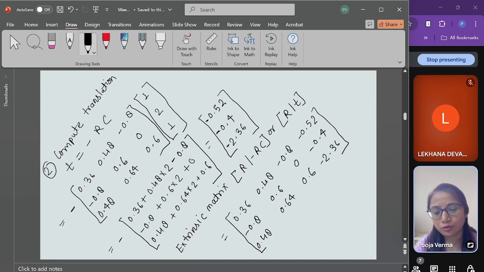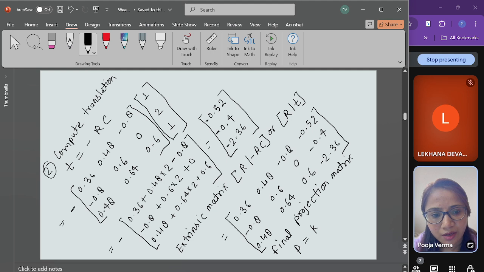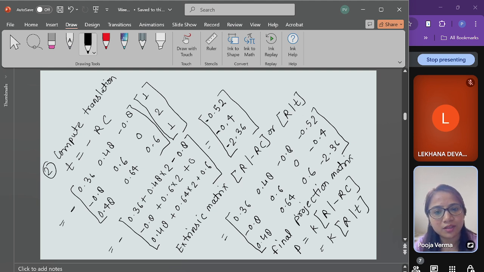Now what we need to calculate is the final projection matrix P. So how can we calculate the final projection matrix? Already we know that it is represented by P. So K R given minus RC, as we have already seen in the previous slide's formula, you can also write K R given T. So we have found this value R given T, and K also we have calculated.